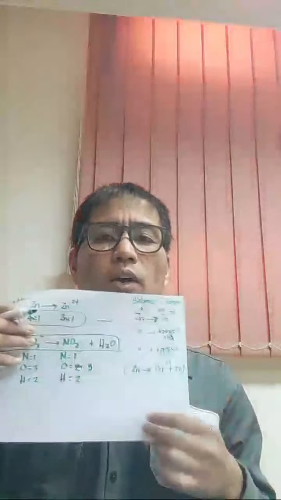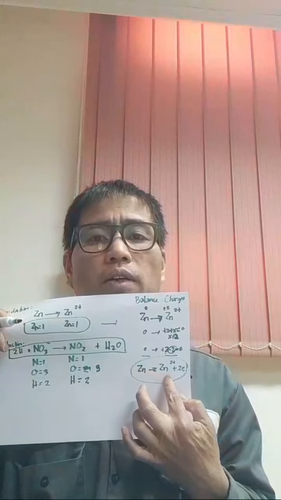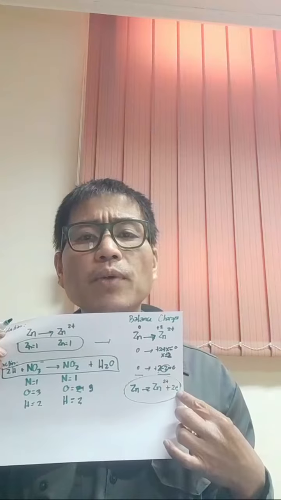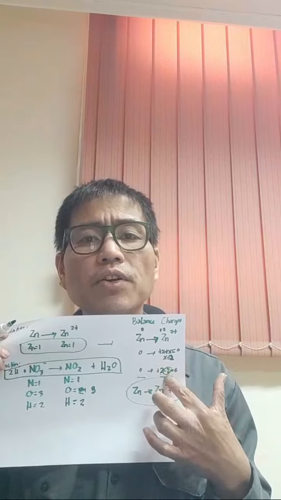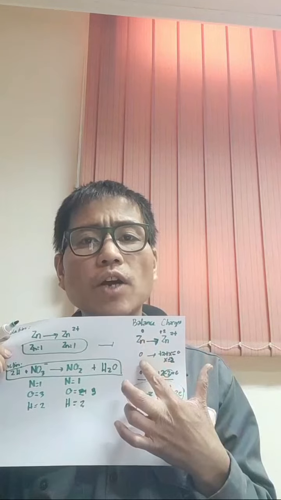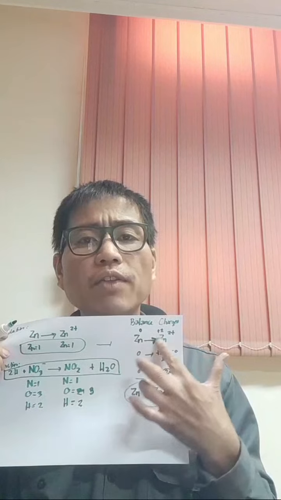So like this, zinc equals zinc positive 2 plus 2 electrons. Okay, this is now our reaction. Where did we get these 2 electrons? Here, because this is 0 charge for zinc in a free state, and then positive 2 minus 2 is equal to 0.